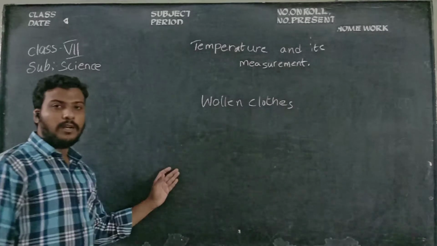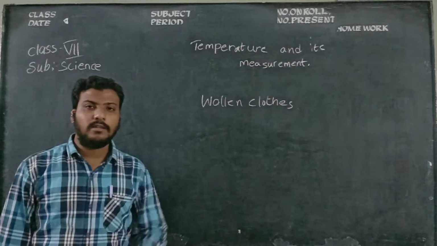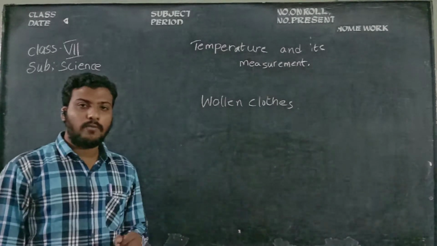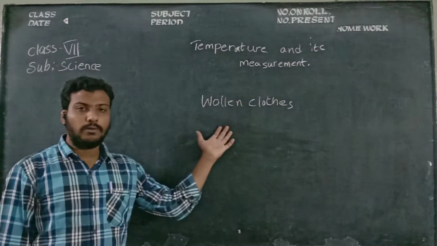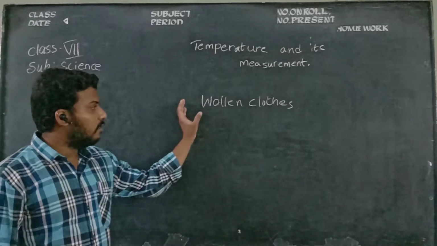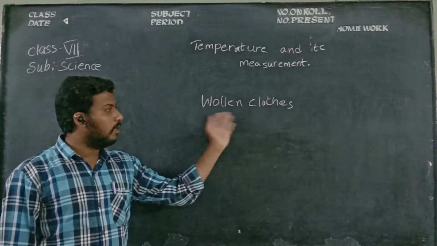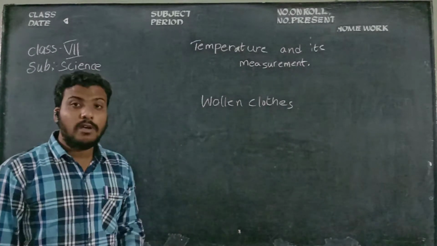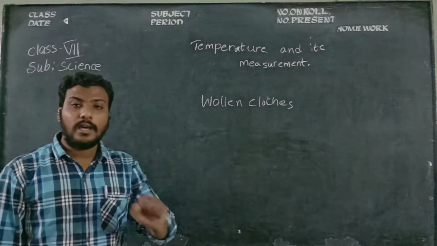Why do we wear woolen clothes particularly in winter season? Why don't we wear woolen clothes in summer or rainy season? Because we wear woolen clothes in winter season to protect from cool air.